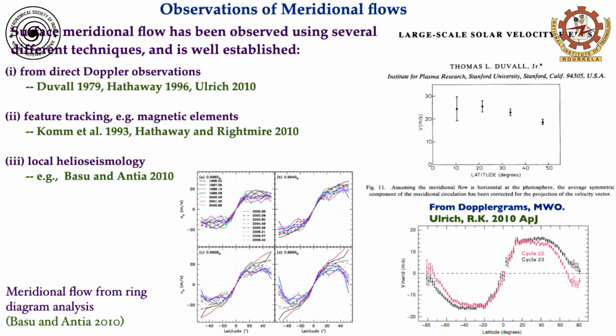So you need to apply a technique called local helioseismology, which was first applied by Basu and Antia to study the meridional flows. What is shown here is the meridional flow on the y-axis as a function of latitude, measured over different years. This is one of the early measurements, which only shows you how the meridional flow looks at the surface.